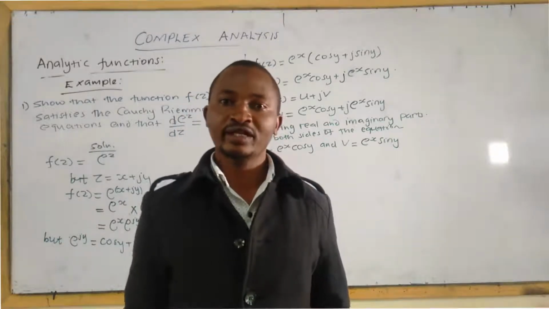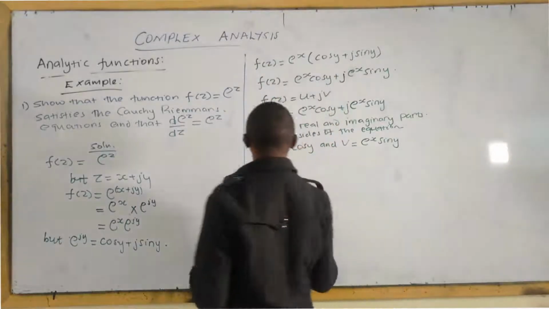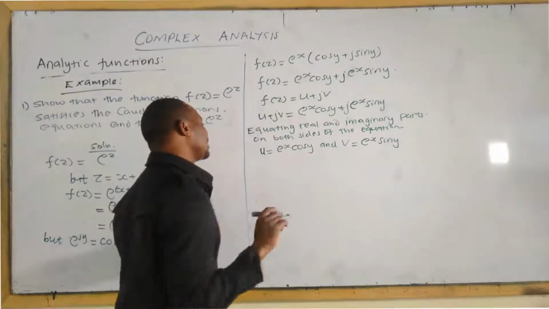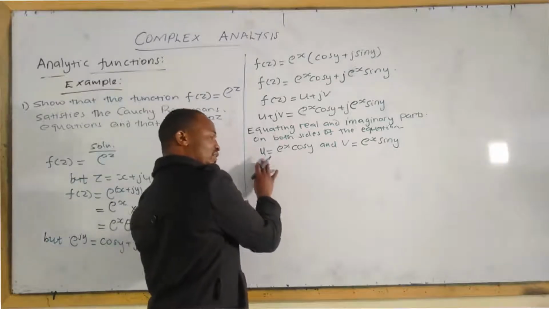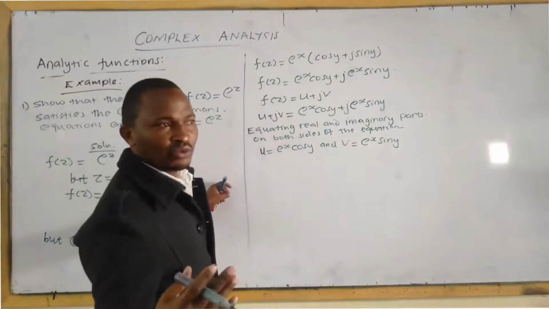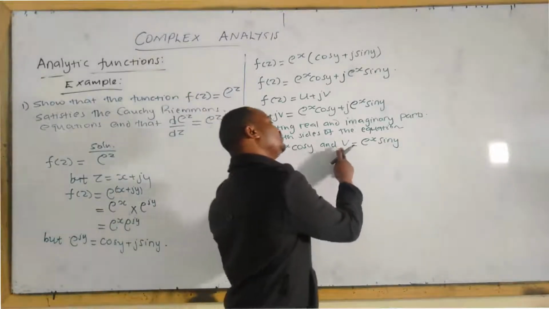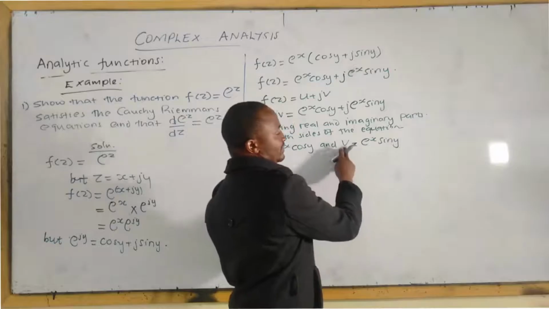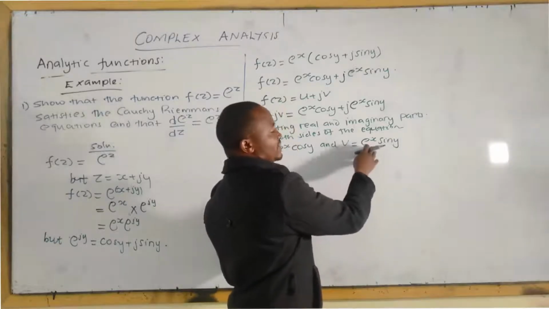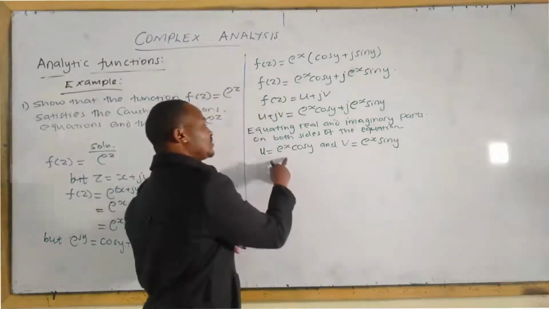We should now go ahead and get the value of the four partial derivatives. The four partial derivatives are differentiate u with respect to x and also with respect to y, the partial derivatives. Differentiate v, or find the partial derivative of v first with respect to x and then with respect to y. Let us start with this one.